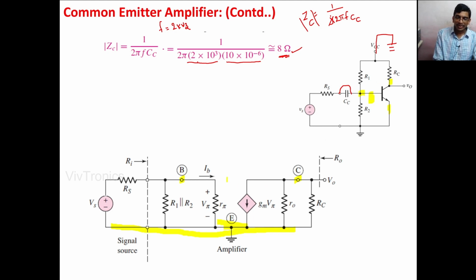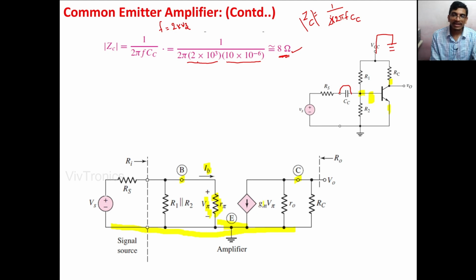Now we are going to draw the equivalent circuit of the transistor first. In the transistor we have a resistance R pi connected between the base terminal and the emitter terminal. The voltage across this R pi resistance is V pi and the input current is represented with IB.